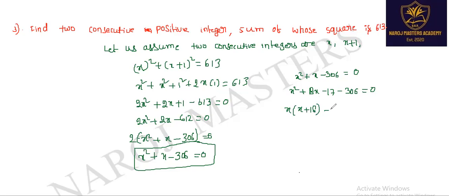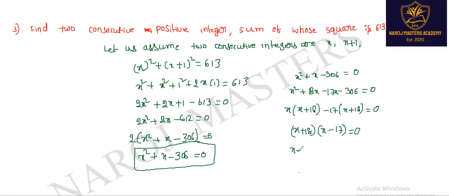Now take minus 17 common here, then again this is x plus 18. Why? Because 17 into 18 is 306, and minus 17 into plus 18 is minus 306. So now take x plus 18 common: x plus 18 into x minus 17 equal to 0.